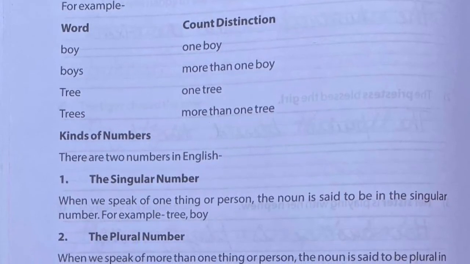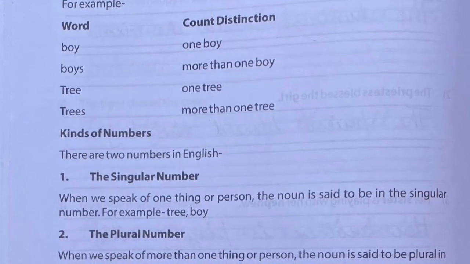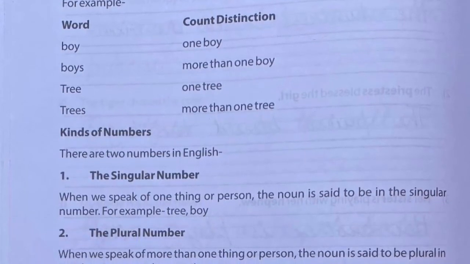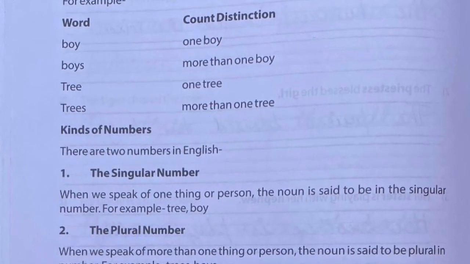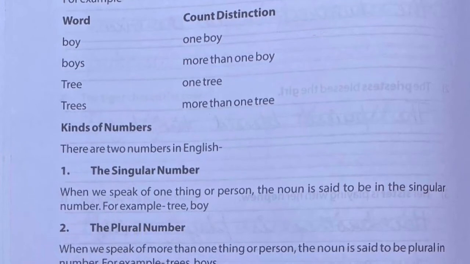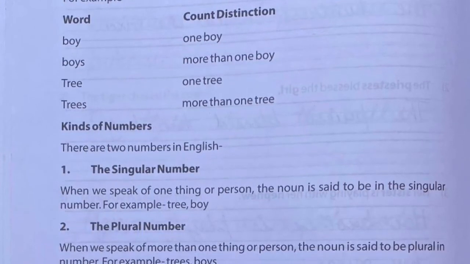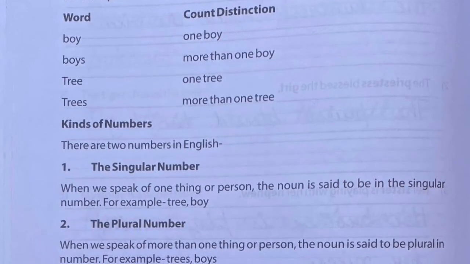Next, what do we understand by plural number? When we talk about more than one thing or person, the noun is said to be plural in number. For example, trees and boys.